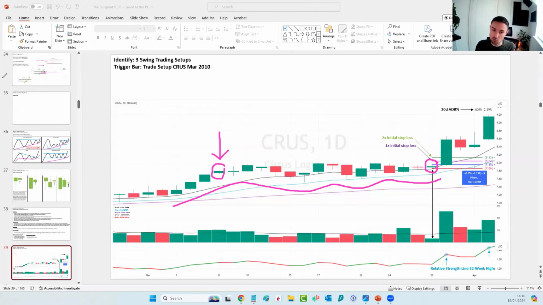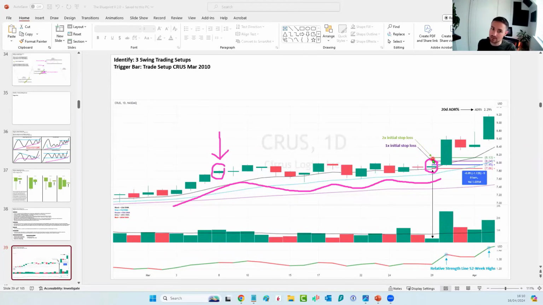So having that rule that you're looking for some form of continuation type base or a really strong uptrend pulling back into, say, the 21-day EMA for a lot of stocks, maybe the 50-day, and then you see a shakeout demand tail, a gap down reverse bar, or in this instance the trigger bar, around one or more key moving averages just helps to stop chasing extended stocks, because ideally you'd like to get your initial stop loss underneath the 10-day EMA.